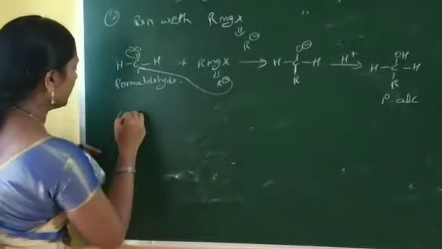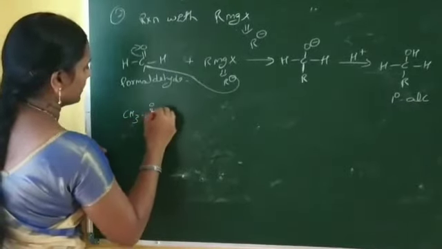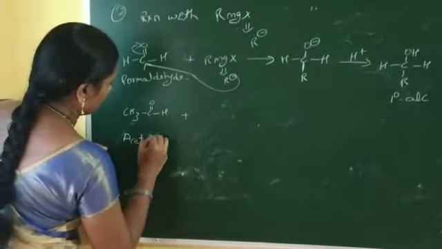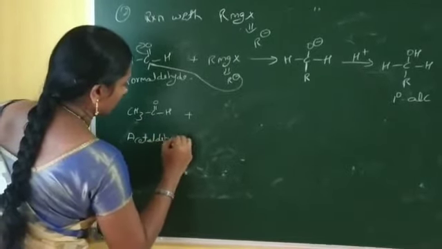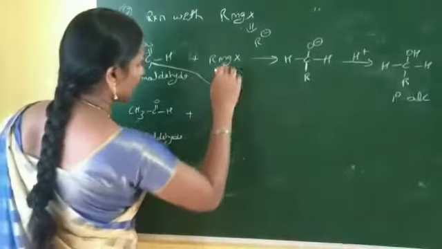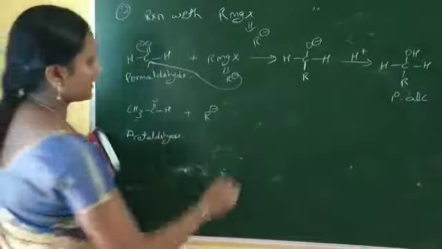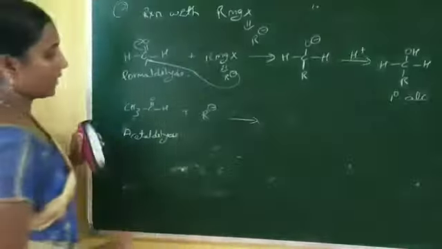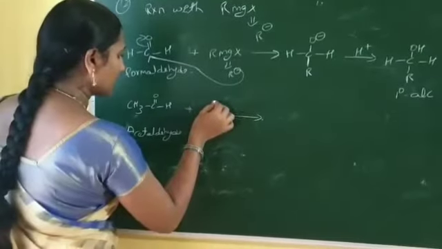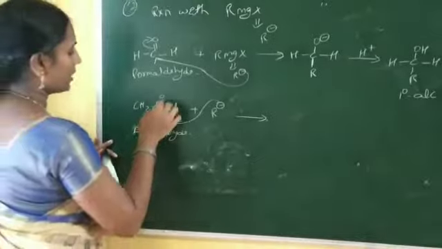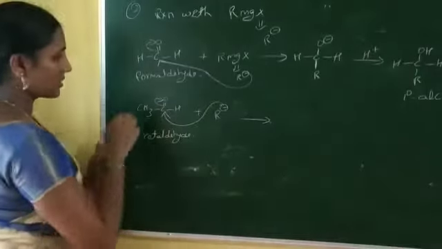And again, acetaldehyde is treated with Grignard reagent. Again the Grignard reagent gives the R minus nucleophile, a carbanion. Now this nucleophile directly attacks and adds at the partially positive carbon atom, and immediately the double bond shifts to the oxygen side.